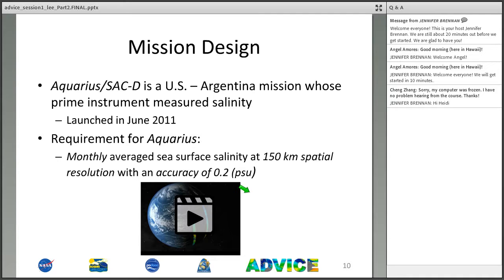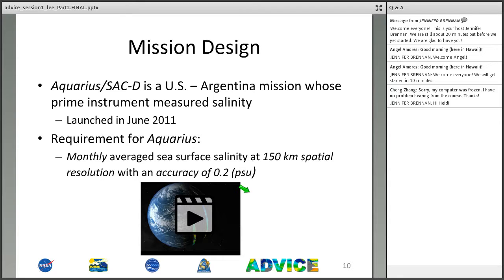So now some more information on the mission design of Aquarius. The Aquarius sensor was flown on board the SAC-D spacecraft provided by Argentina.